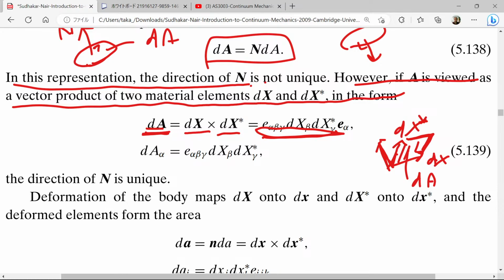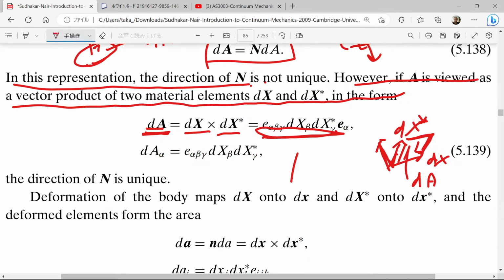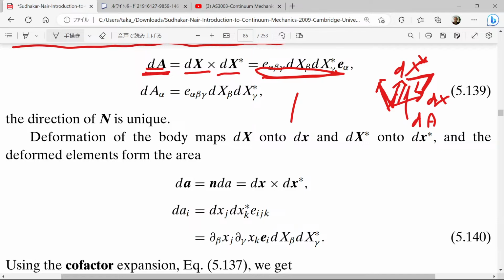Deformation of the body maps large dx onto small dx and large dx star onto small dx star, and the deformed elements form the area this way.